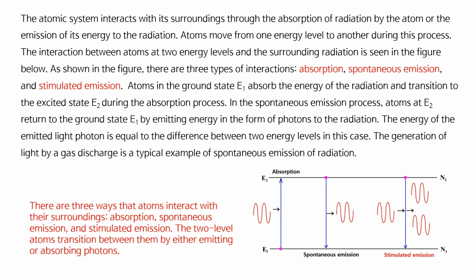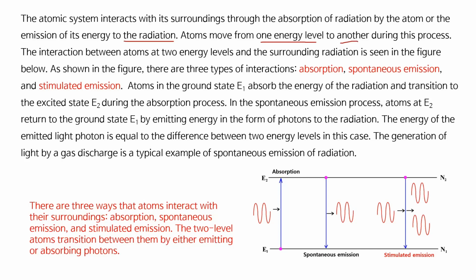The atomic system interacts with its surroundings through the absorption of radiation by the atom or the emission of its energy to the radiation. Atoms move from one energy level to another during this process.